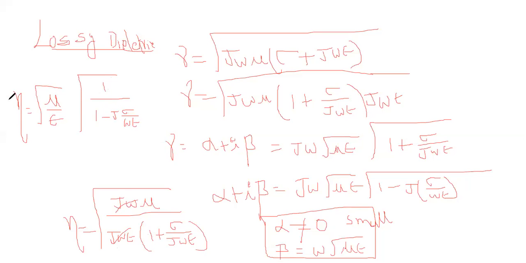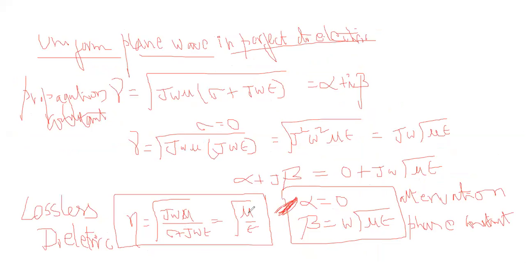You see, in the previous lossless dielectric and this lossy dielectric, the beta value is omega under root of mu epsilon multiplied by the root of 1 minus j sigma by omega epsilon, and that term is a minimum value. Similarly for intrinsic impedance, the square root of mu by epsilon applies for a perfect, lossless dielectric, where alpha is equal to 0 and I take sigma equal to 0.